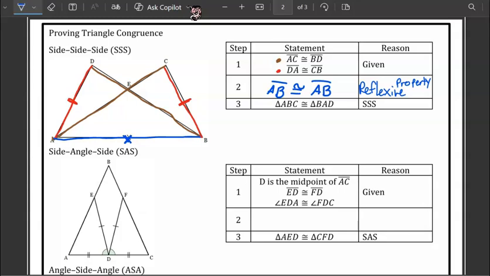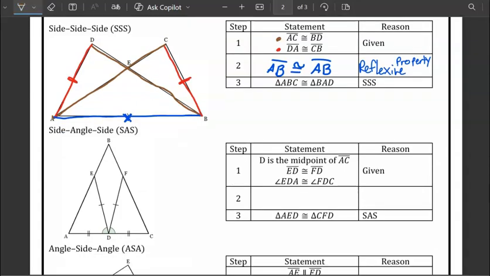And from that, we can show that triangle ABC is congruent to triangle BAD from side, side, side. Let's look at the next one.